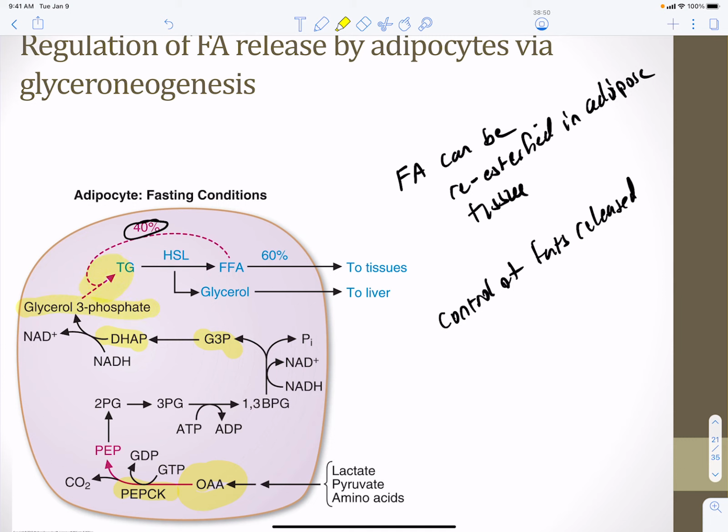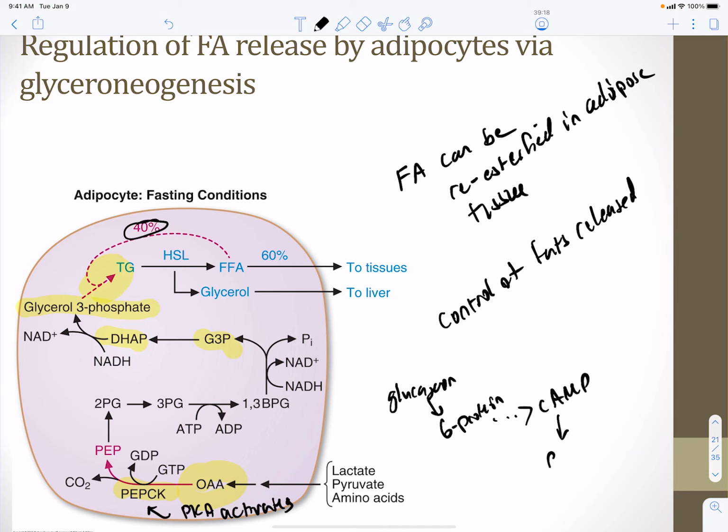And PEP carboxykinase is going to be induced by protein kinase A. And remember, PKA, this goes to G protein, and then eventually to cyclic AMP, and then this is PKA, and then PKA will activate PEP carboxykinase in the adipose tissue.